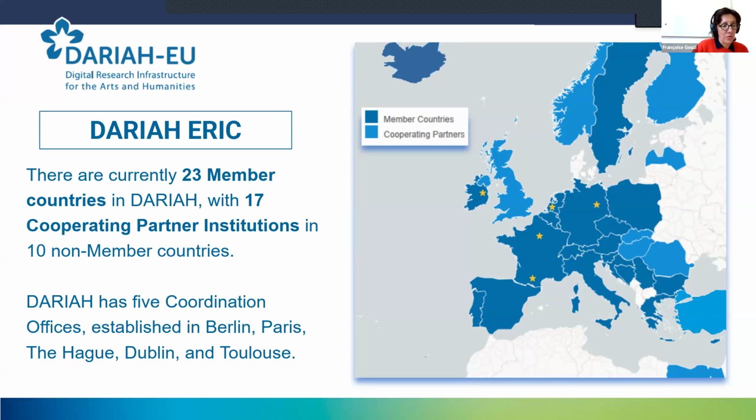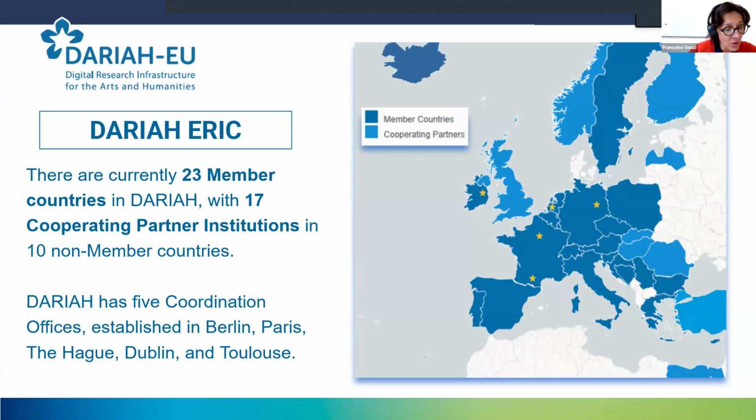It's a network of people distributed in all Europe, as you can see on the map. A network also of expertise, information, knowledge, content, methods, tools, and technologies from all its member countries. Since 2019, DARIAH has systematically collected key performance indicators to build a longitudinal evidence-based picture of its value.